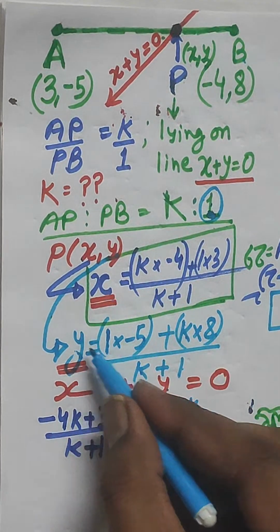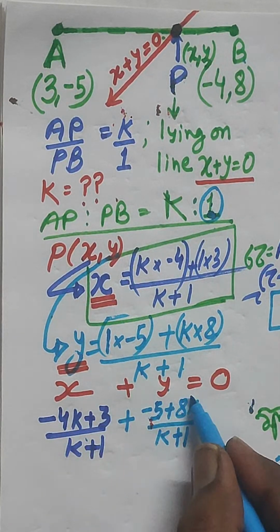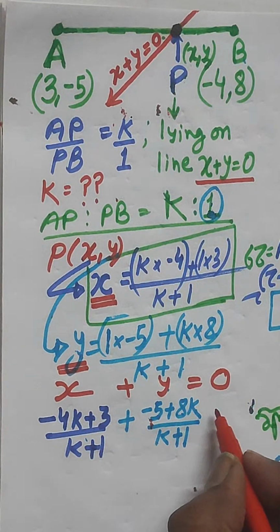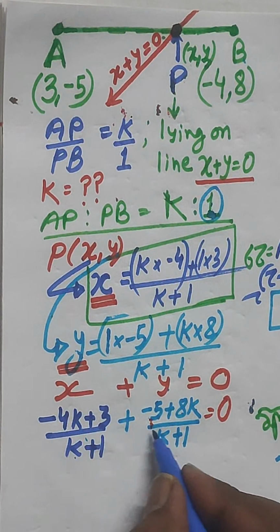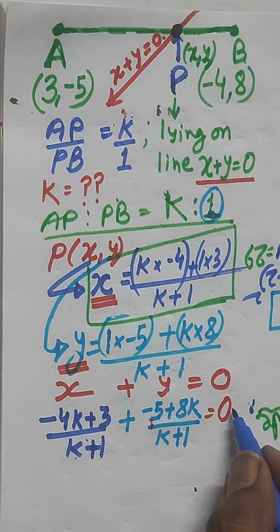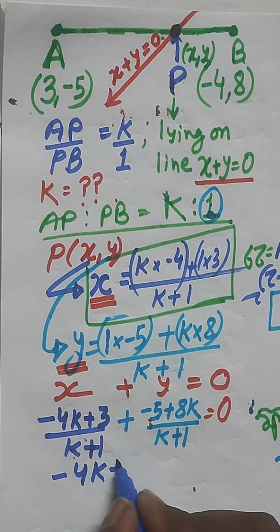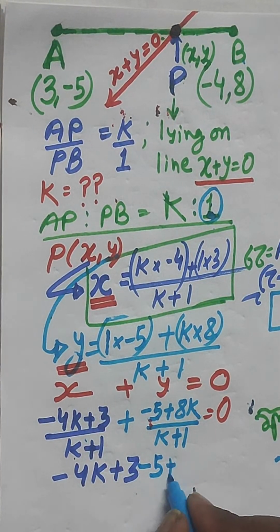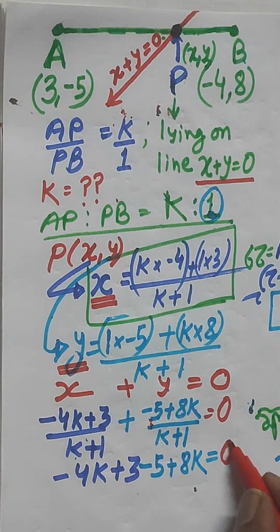So we simply put this value of x and y over here into the equation of the line x plus y equal to 0 and just equate it with 0. So here you can see when k plus 1 is taken as LCM, it will multiply into the RHS, which is 0. We will have minus 4k plus 3 minus 5 plus 8k is equal to 0.